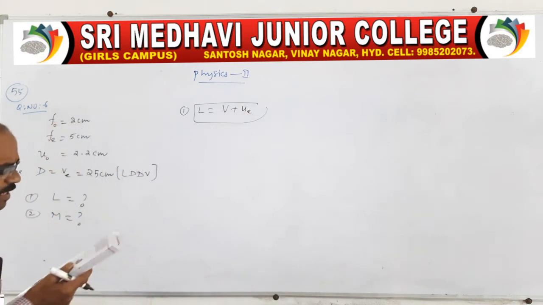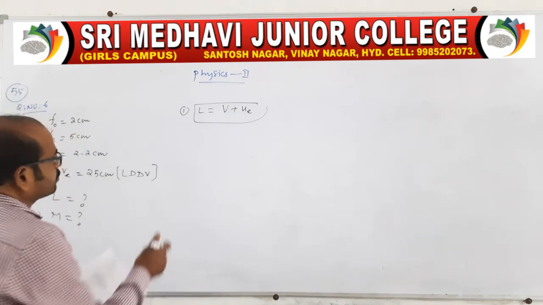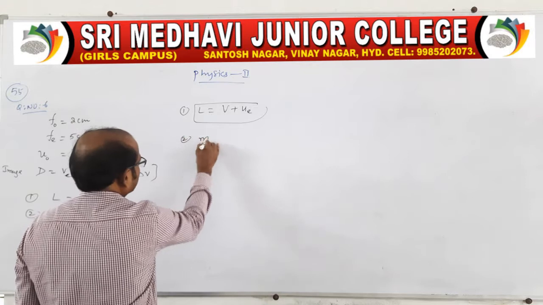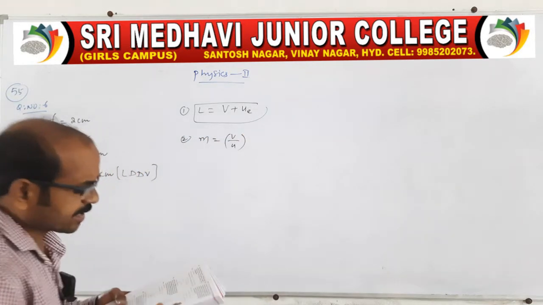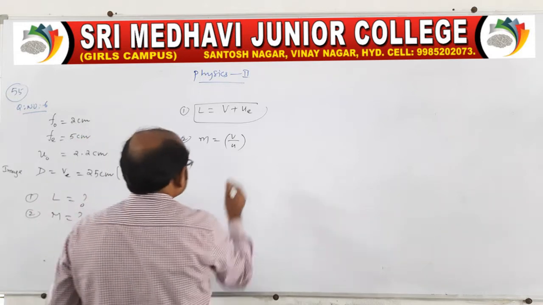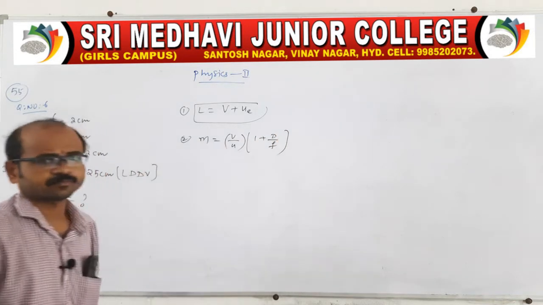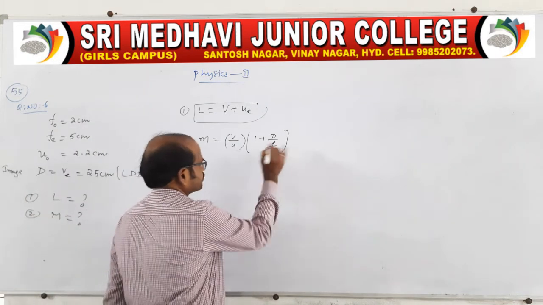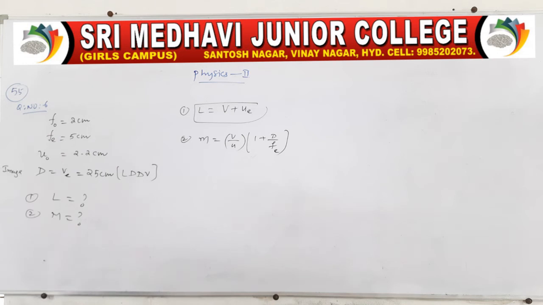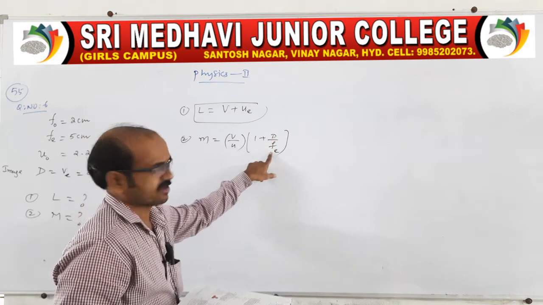The second asks for magnification, small m or capital M, which is V by U into, at the near point, 1 plus D by Fe. Fe is the focal length of the eye lens. So M equals V by U times 1 plus D by Fe.